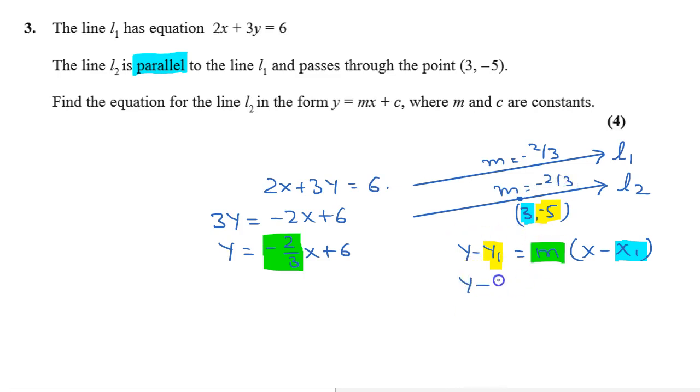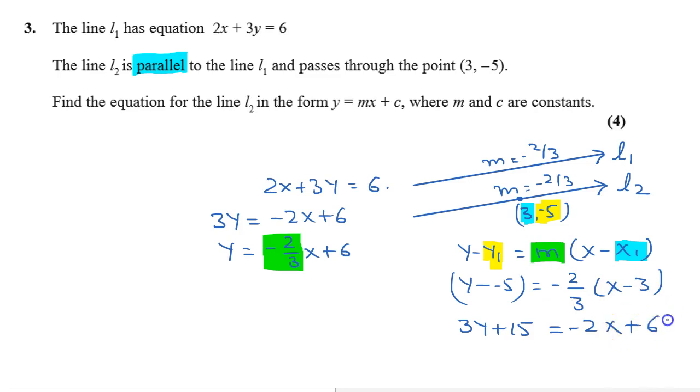y minus y1, minus minus 5, is equal to m, minus 2 over 3, times x minus x1, which is 3. We multiply it: 3y plus 5 times 3, which is 15, is equal to minus 2x, and minus minus plus 6.